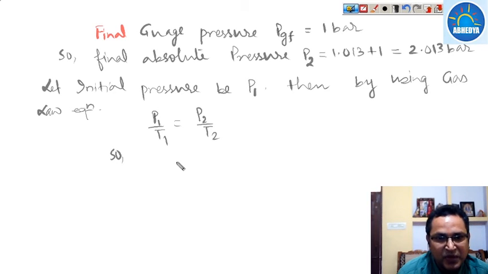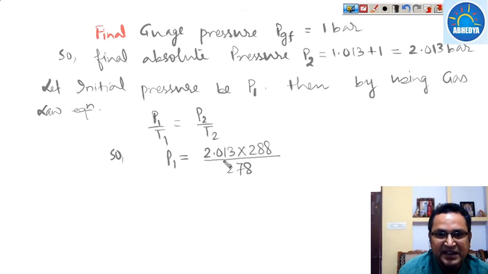So what is P1? P1 equals P2 into T1 divided by T2. What is P2? 2.013. T1 is 288 and T2 is 278.